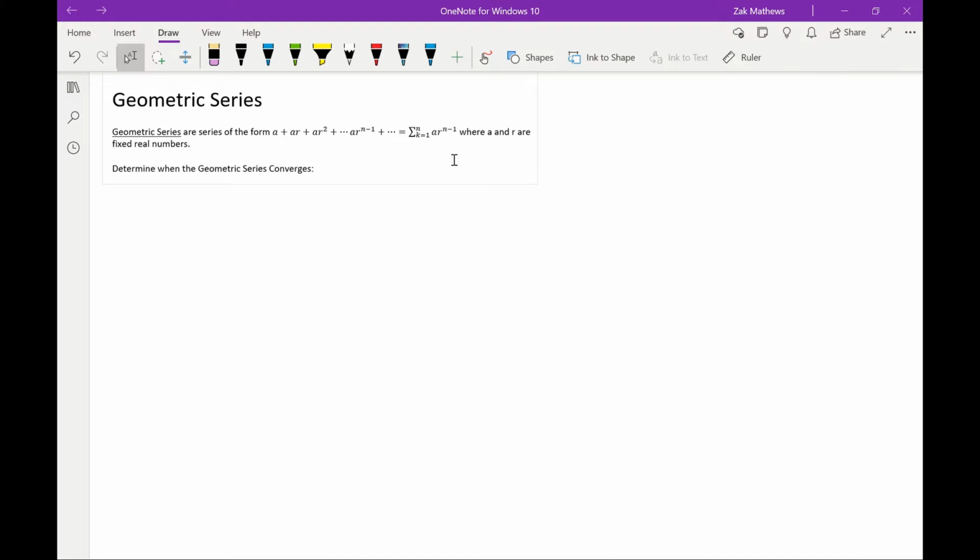So what I want to do now is determine if the geometric series converges. So let's first let r equal 1. So when does this geometric series converge? Well, if r is equal to 1, then we would have the series a plus a plus a, because all these r's are just 1, it's always going to be just an a.